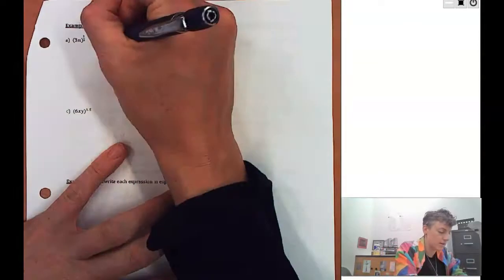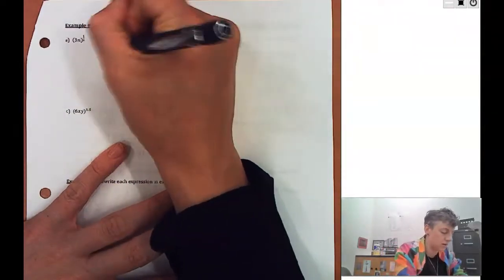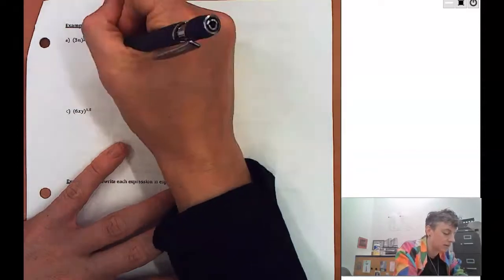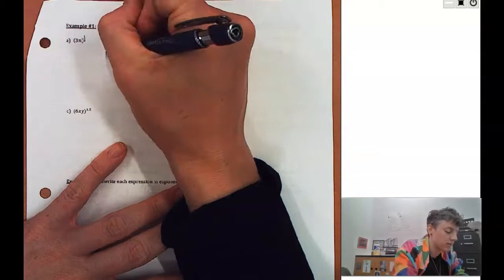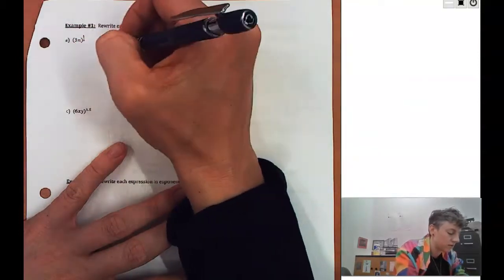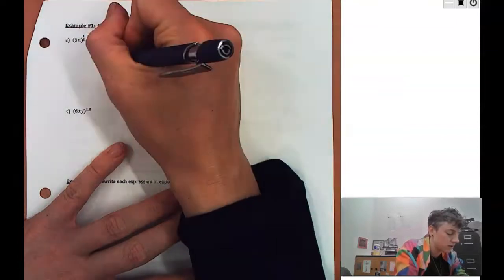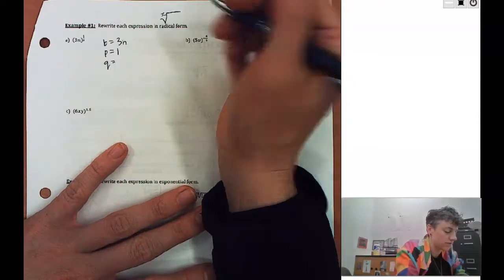Okay, we started off easy. 3n to the 1/3. What's our base here? 3n. What's our exponent going to be? That was the top number, right? That's the p, that's 1. And what's our index? That's our q, that's our 3.